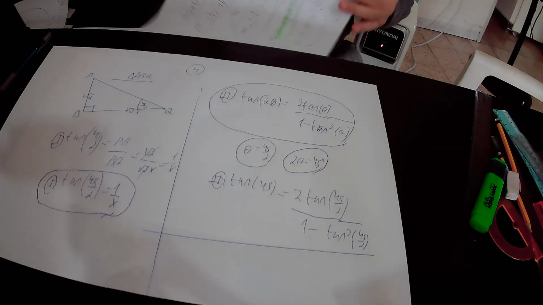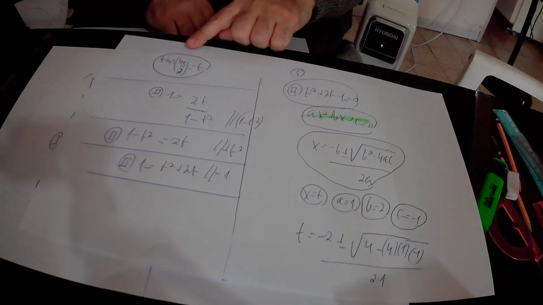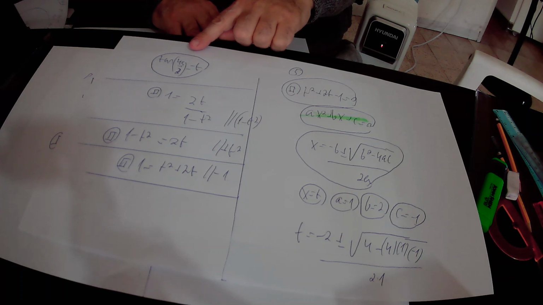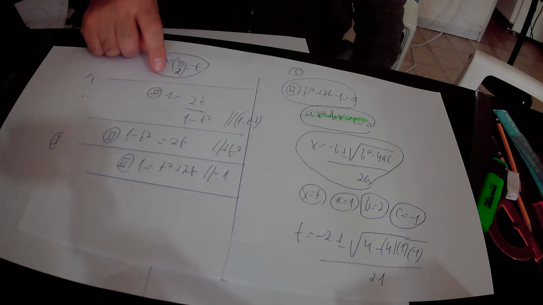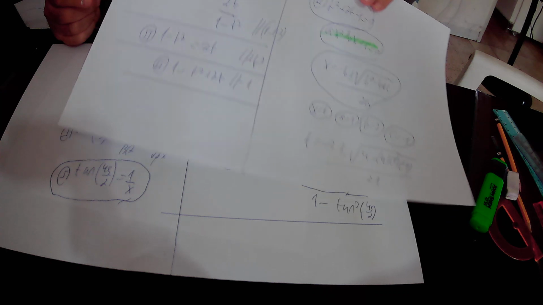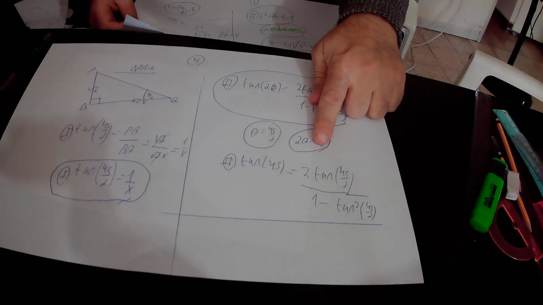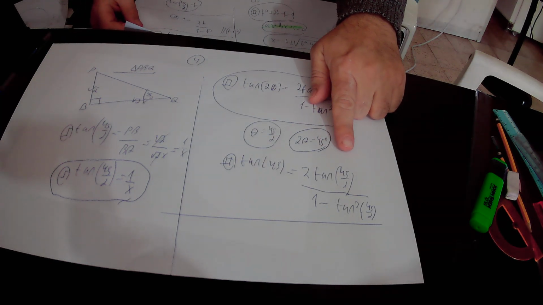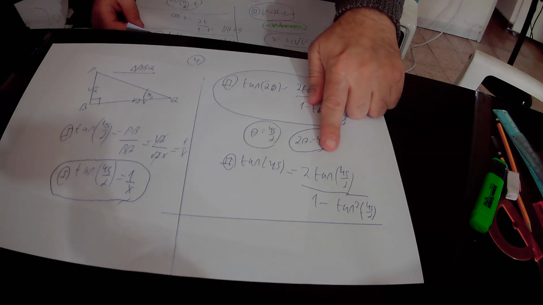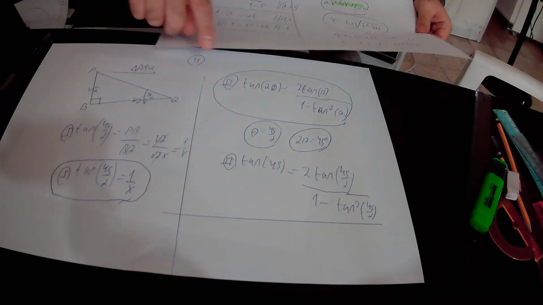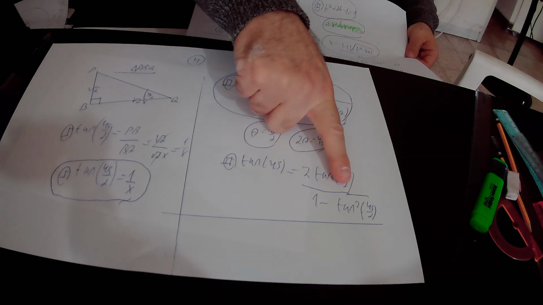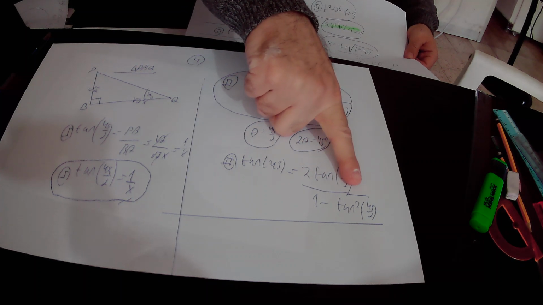Then we define tangent 45 over 2 degrees as t. So again, tangent 45 degrees is 1, and it equals 2 times tangent 45 over 2 degrees, which is t, so the numerator is 2t, over 1 minus tangent squared 45 over 2.